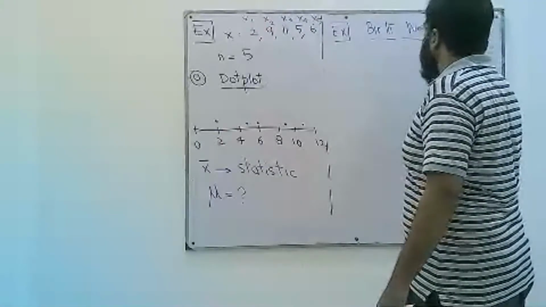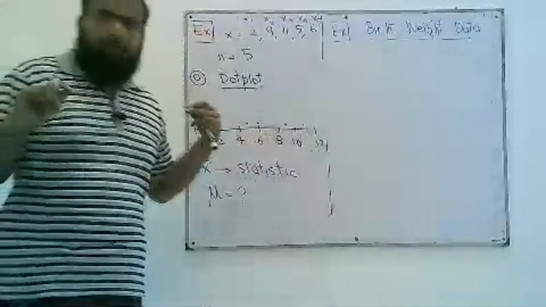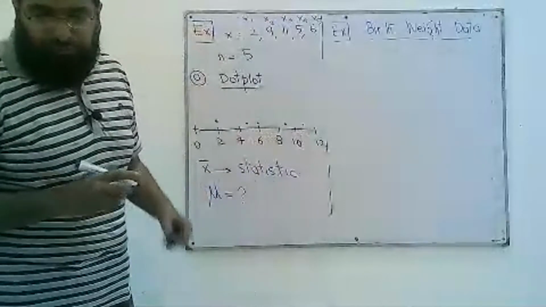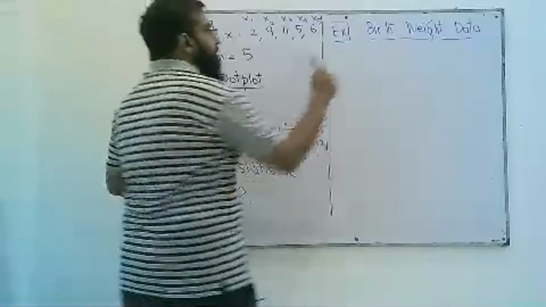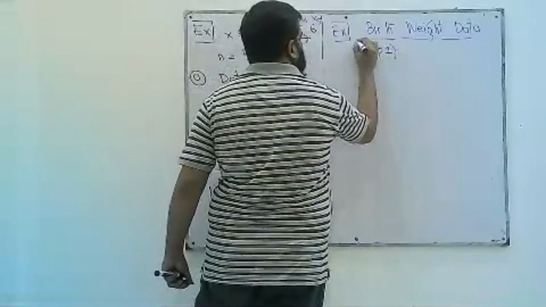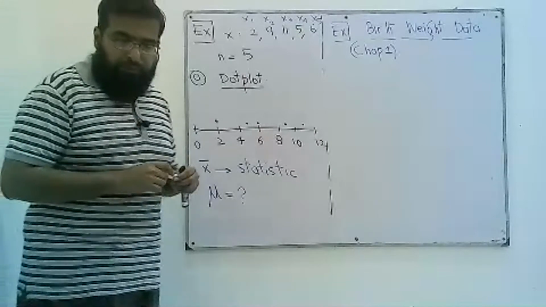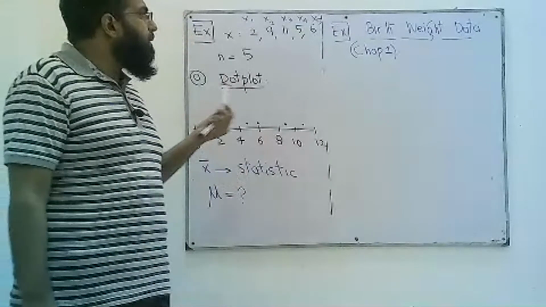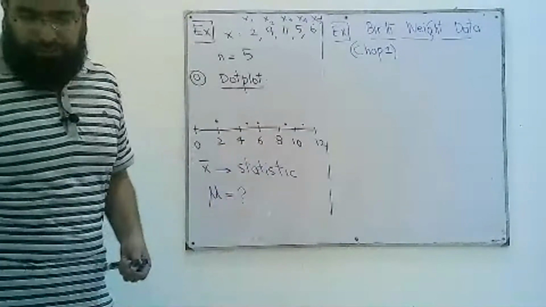It contains 30 samples of the weights of newly born babies. We studied this in chapter number 1, and we plotted a dot plot and a relative frequency histogram for this data.